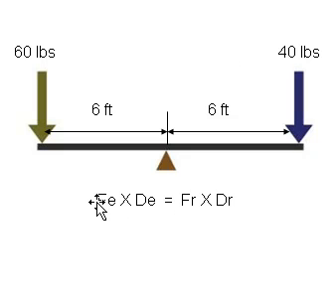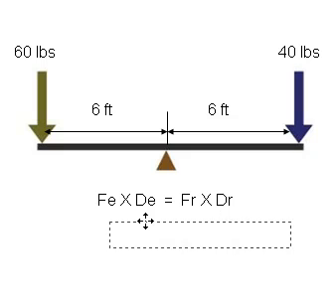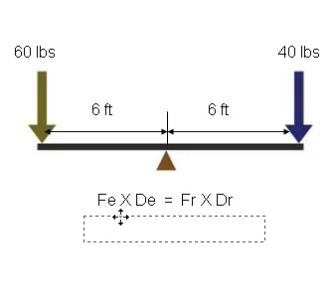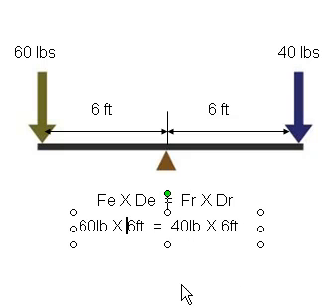So we use this formula, F_E times D_E equals F_R times D_R. If you take all of the numbers that are above and put them below, you get 60 pounds times 6 feet equals 40 pounds times 6 feet.